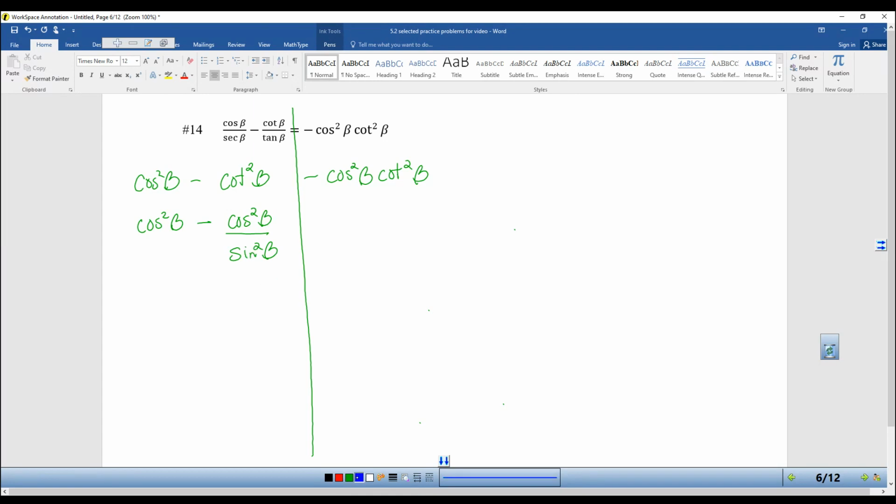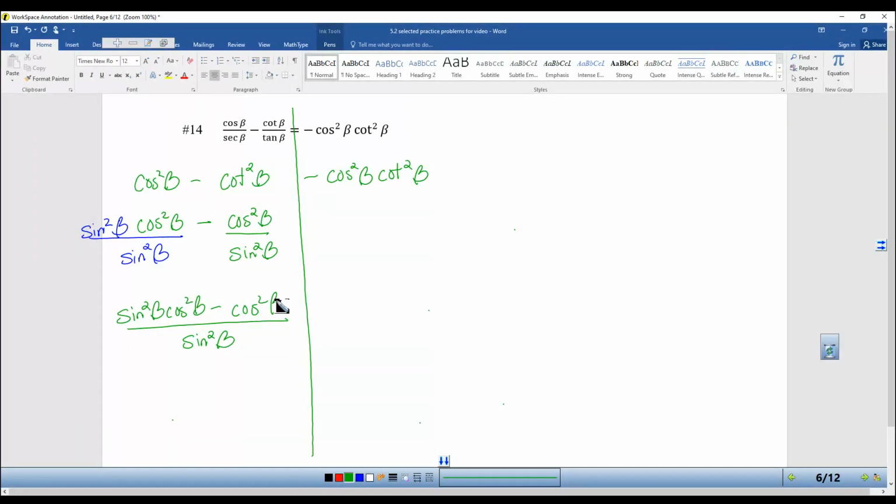And now, make sure you show this step. I'm going to multiply this one by sine squared beta on the top and the bottom to give it a common denominator. So now they have the same denominator, and this one is sine squared beta, cosine squared beta, minus cosine squared beta.